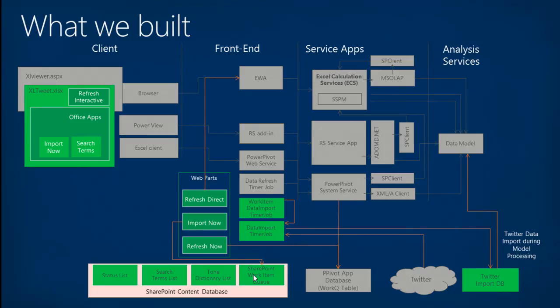If this timer job finds one, it runs. So what this import button does, it puts a work item into the queue. This timer job finds it and instantiates a run once timer job for this data import, and then the data import will take place. And afterwards, Diego can refresh his workbook, which sucks the information out into the data model.